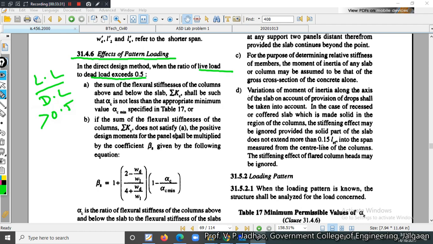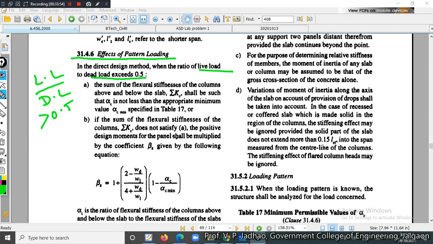Due to this difference in the live load and dead load, overstressing of the slab will occur. Now whatever calculations are made in IS 456 allow 33% overstressing of the slab, due to the different loading patterns of dead load and live load.